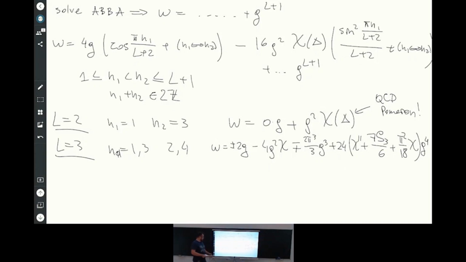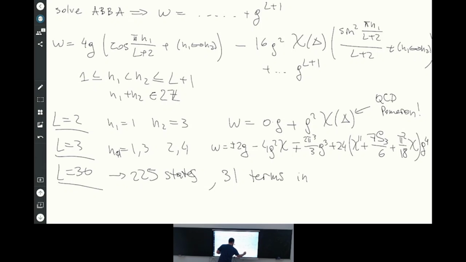And then you can carry on, and for example, for L equals 30, let me just write those states explicitly. So you get 225 states, and we can compute the first 31 terms. All right, so in the paper we have a picture of all the states together, just to indicate the dominance, kind of. All right, so any question about that?